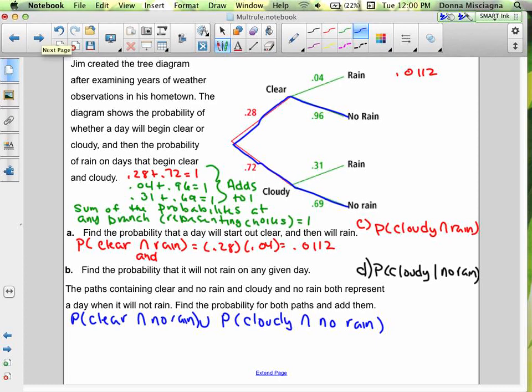Right, so that would be 0.28 times 0.96. And then we add, because we're including more than one branch, what we got when we multiply 0.72 times 0.69. Right, so 0.28 times 0.96 is 0.2688.